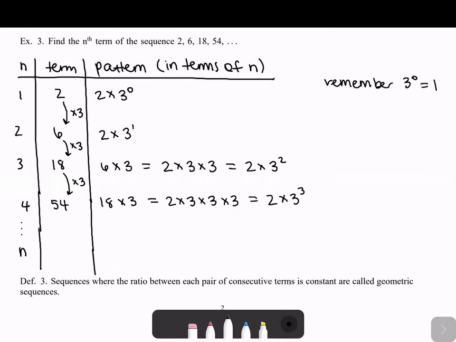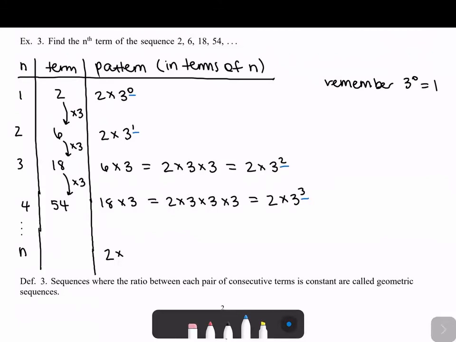Now we want to write it for the nth term in the sequence. All of these start the same, multiplying 2 times something else. But now we want to identify what changes in each of these, and that's the exponent. We start with 0, 1, 2, and 3. So just like before, they increase by 1. The first term is raised to the 0 power, the second term to the first power, the third term to the second power, and so on.